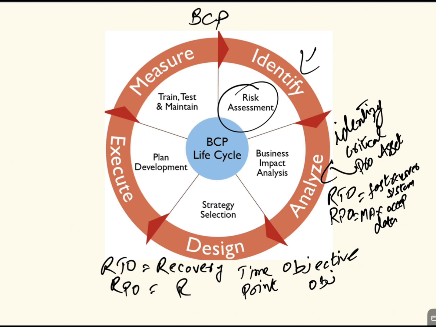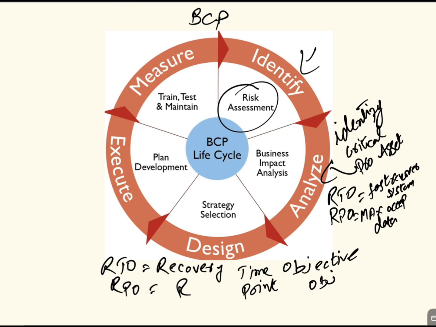Let me give you a very simple example. For instance, if there is a system down, what is the acceptable time a system or process can be down after an incident? How much time do we accept, how fast must we recover?